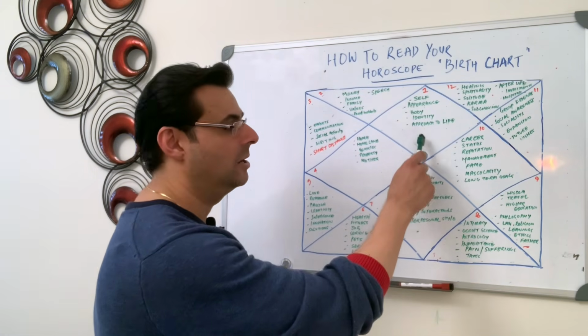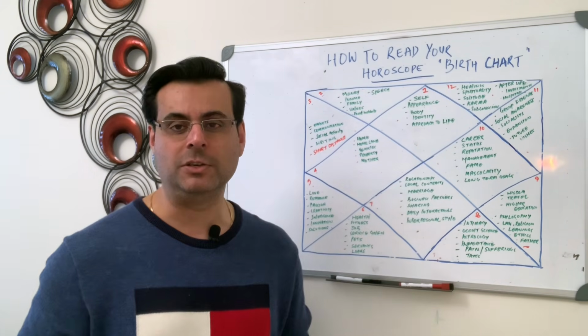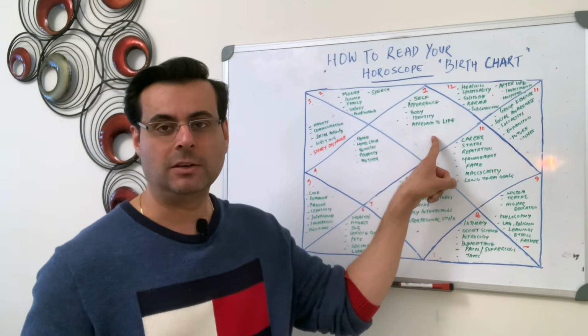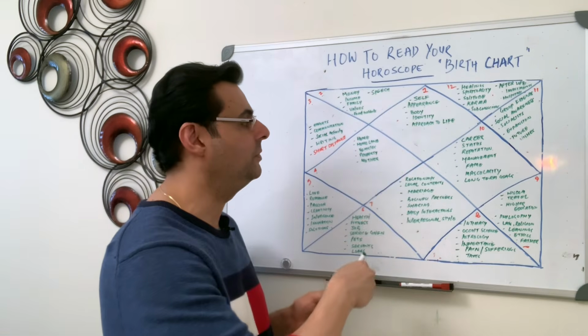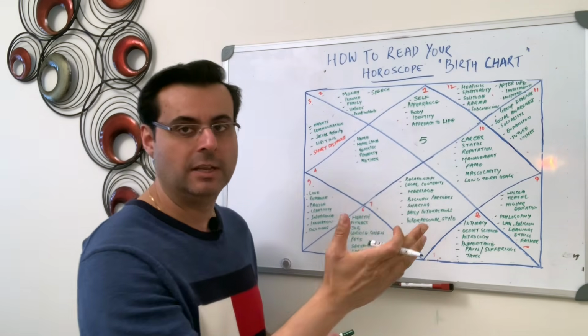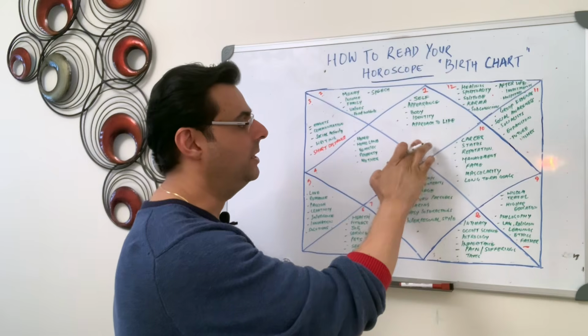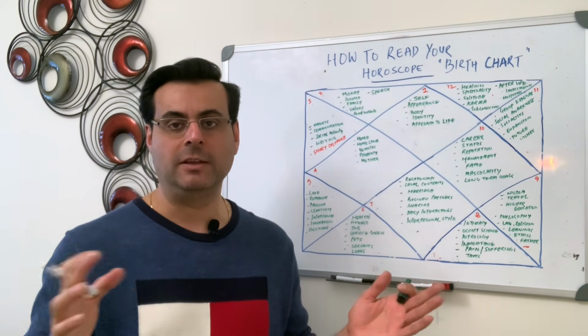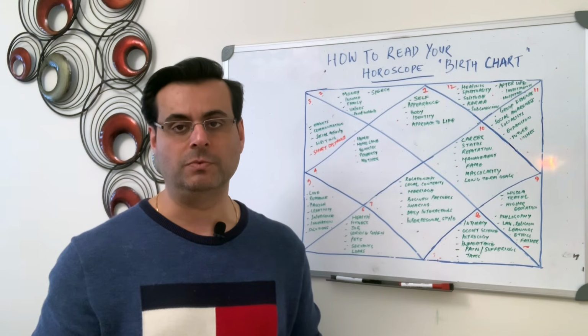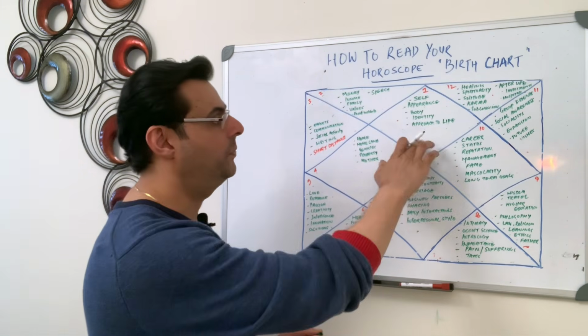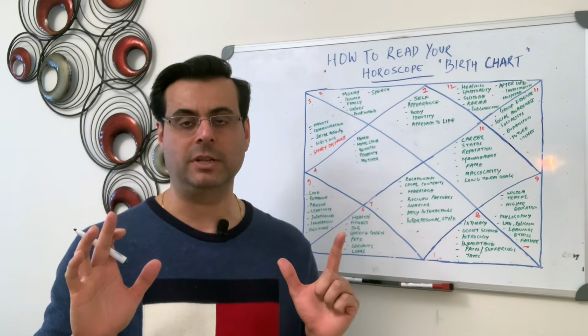That's why a lot of importance is given to your ascendant lord, the first house lord, and the sign you see here. If you see 5 here, that means you're born in Leo, and we'll talk about it. If you have not seen my video about your ascendant sign and its importance, I would encourage you to watch that also.